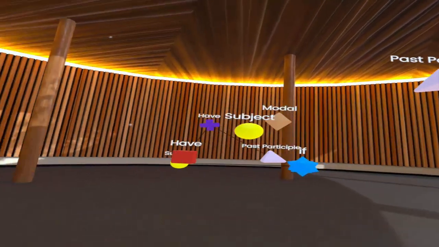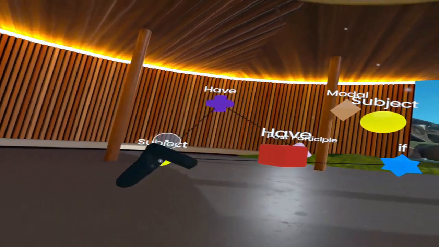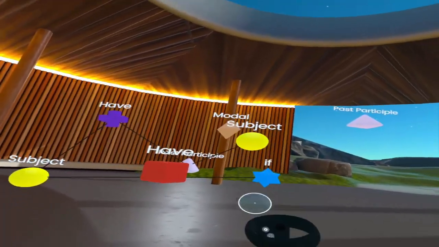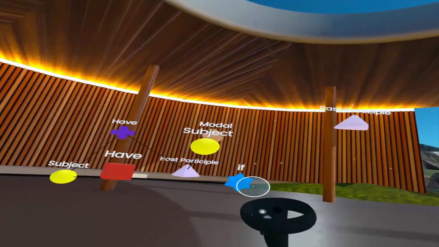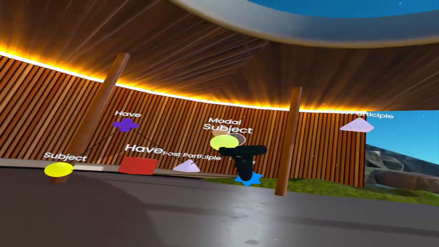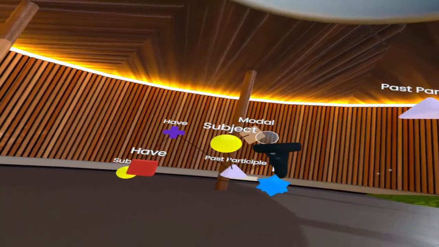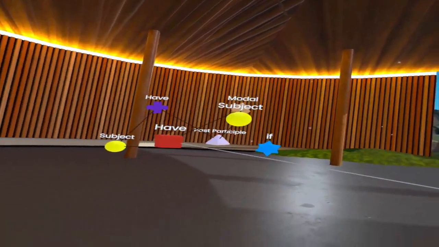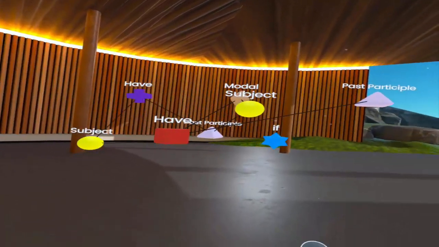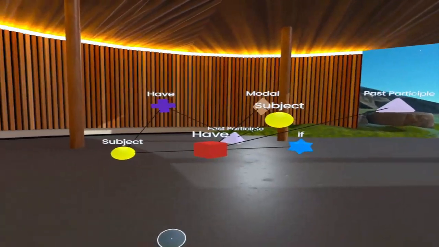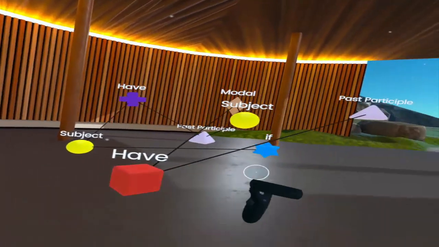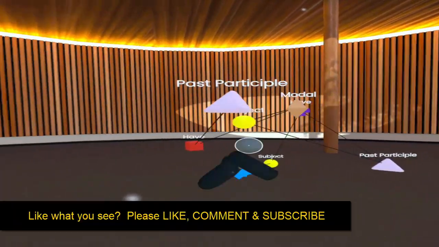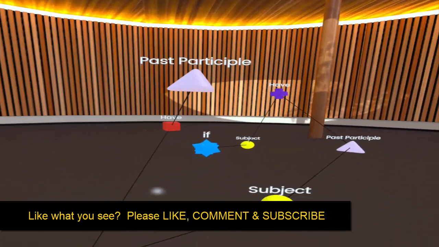So we're building out now the structure, we're connecting the dots literally in VR. So if plus subject plus have plus past participle. So if Michael, subject, had in the past form eaten his dinner, he would, which is the modal verb there, the diamond, have, there's the red cube, felt, past participle, better, because he had eaten his dinner.